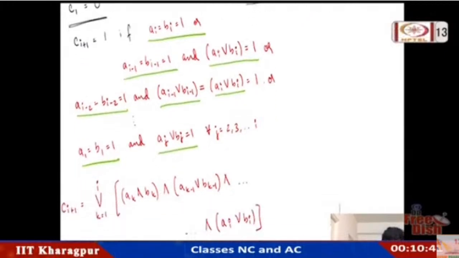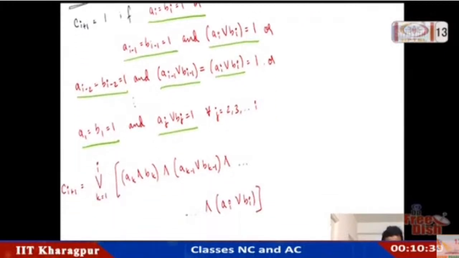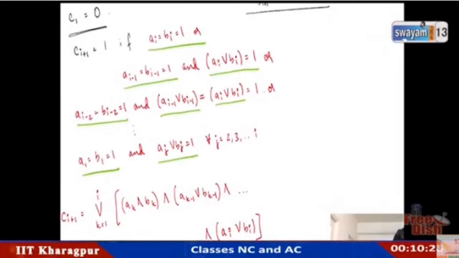So now let us write a Boolean expression for this. So Ci plus 1 is equal to a big OR. Whatever we have written over here, this big red expression, we are trying to write it more crisply over here.